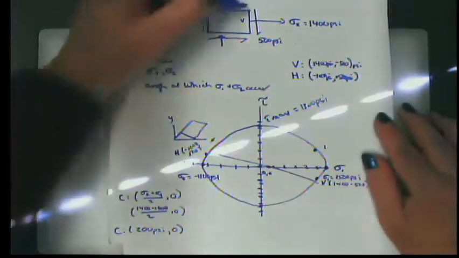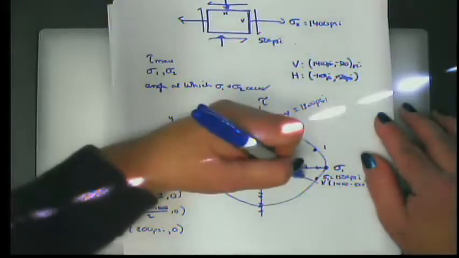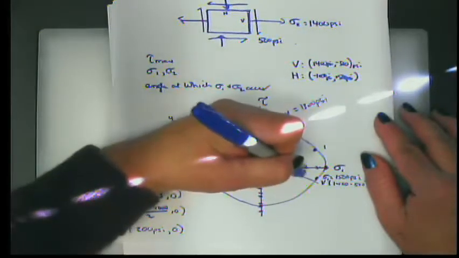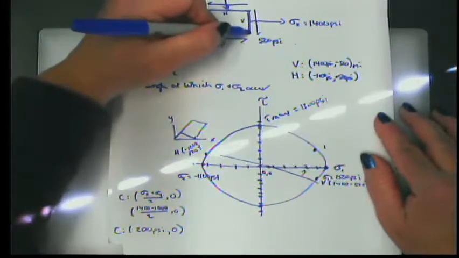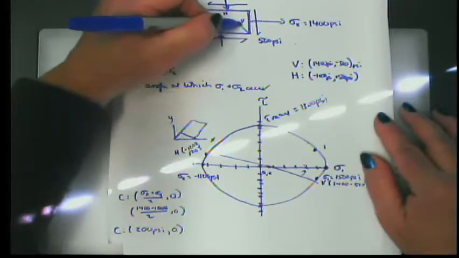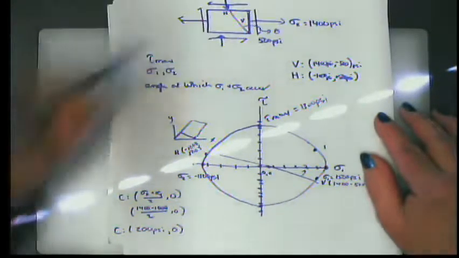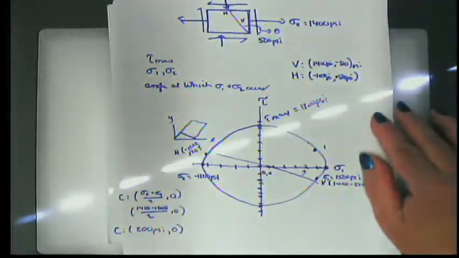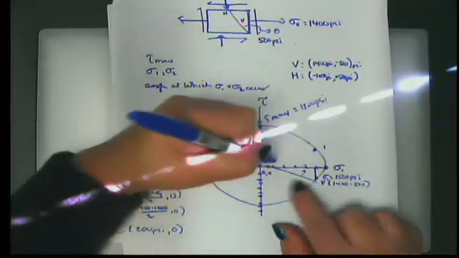So that means when I rotate, I will choose from this face right here, and you'll notice that my rotation is counterclockwise. So that means that I will rotate counterclockwise to get my angle theta from the vertical face to the principal stresses. So now what I need to do is determine what this angle is.